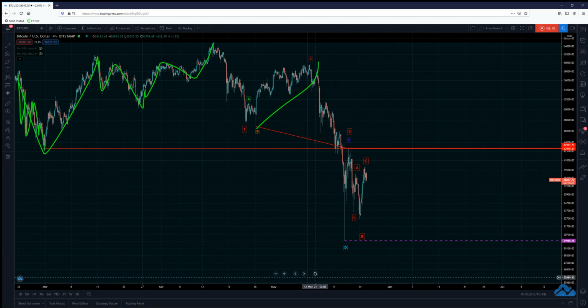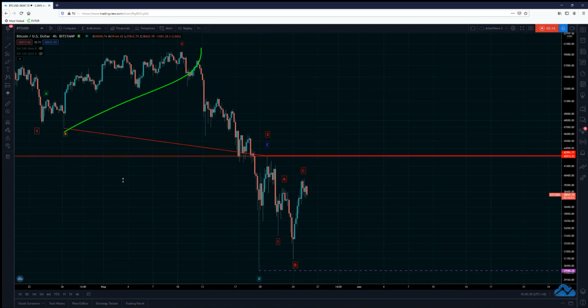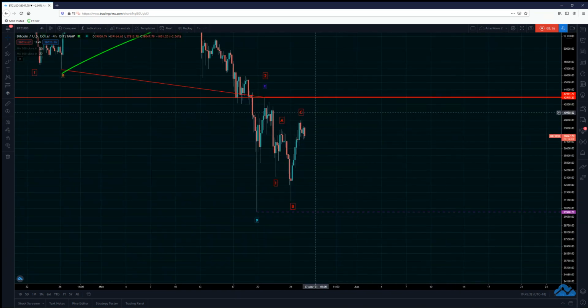So right now, if we take a look at the 4-hour chart, even in terms of candlestick reversal patterns, we can see that we are seeing a bit of resistance here below that red line, which is the point of no return.